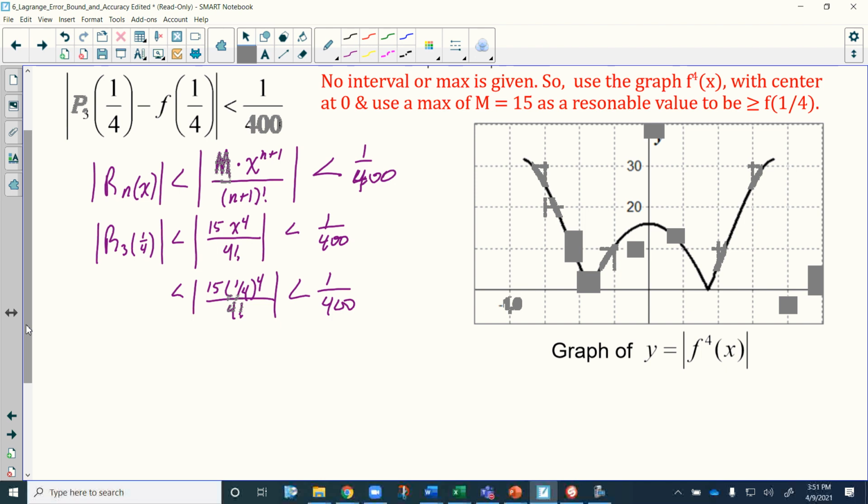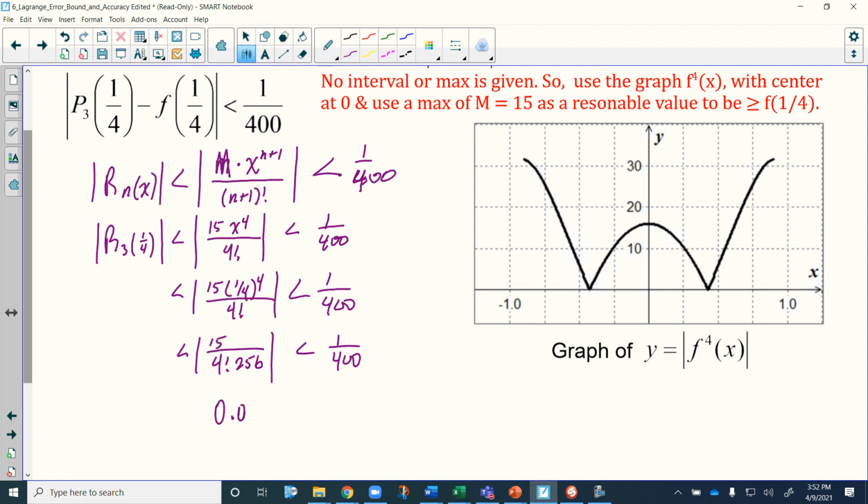So I can rewrite that as saying 15 over 4 factorial times 256. And we could try simplifying it, but again, really just let your calculator help you out with this one. And when we simplify the absolute value, I'm getting 0.0024 to be less than, and 1 over 400 as a decimal is 0.0025.